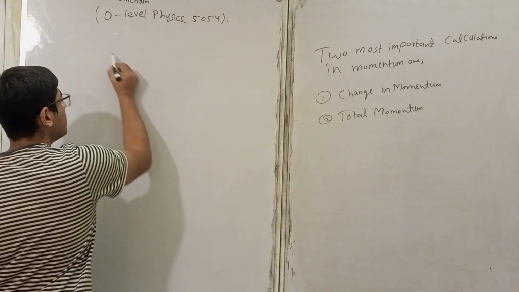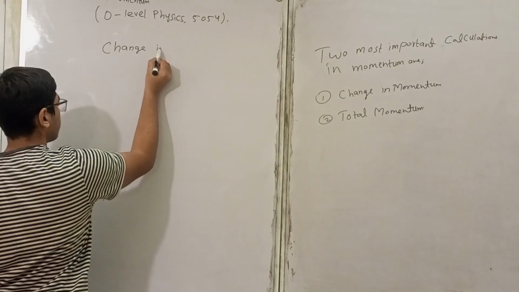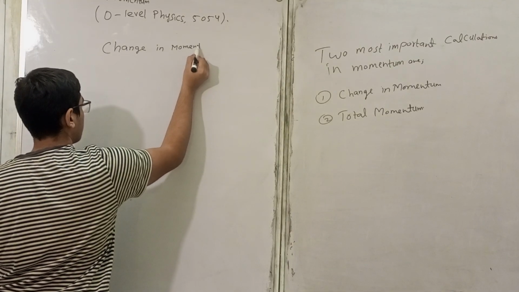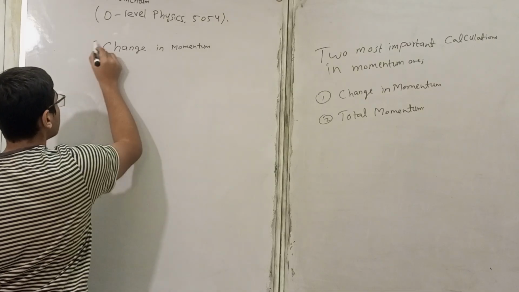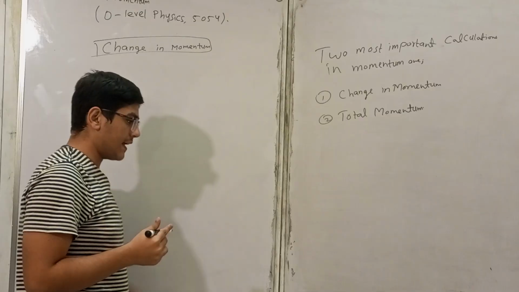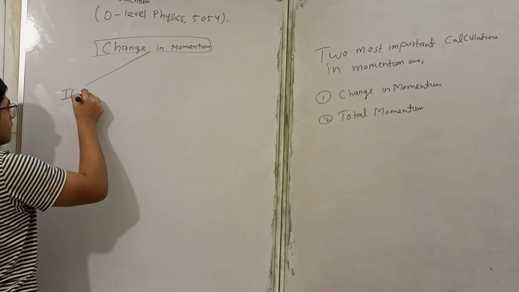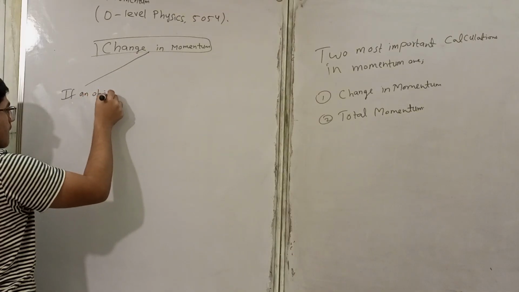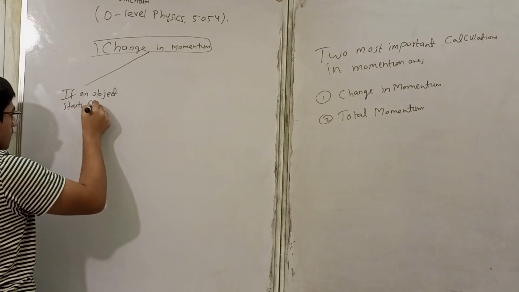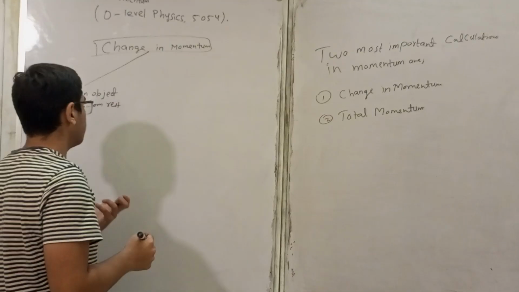If we talk about change in momentum, it can be classified into three different scenarios. First of all, if an object starts from rest, means its initial velocity u is equal to 0.